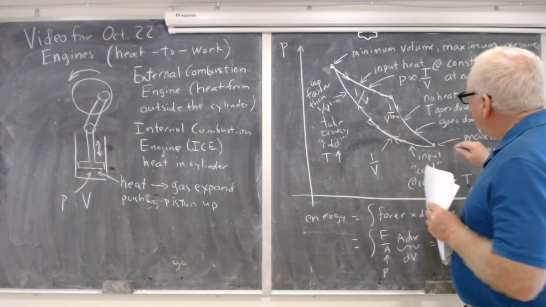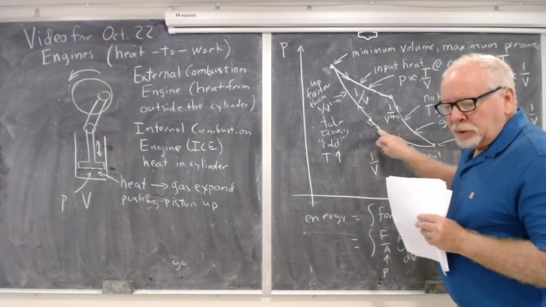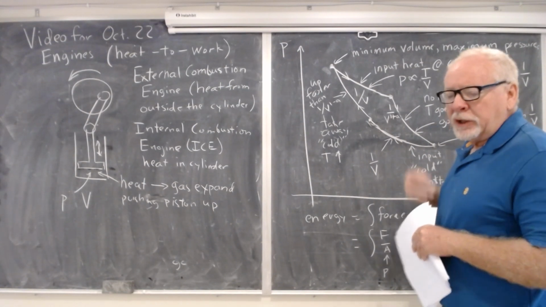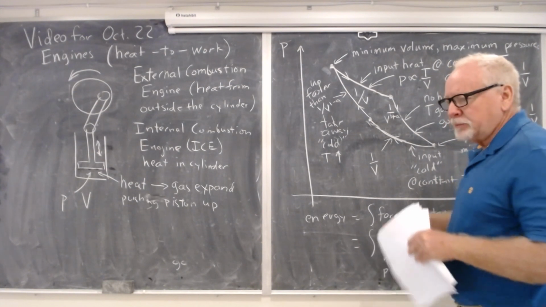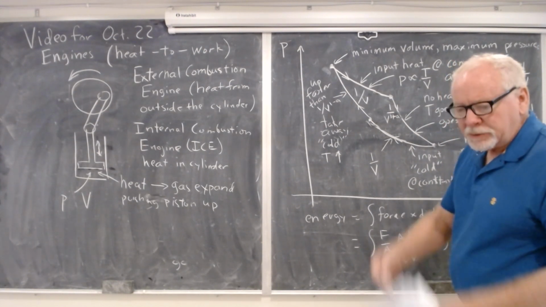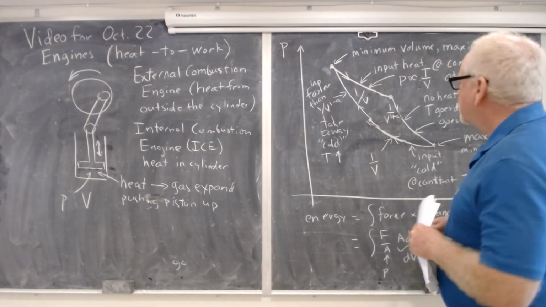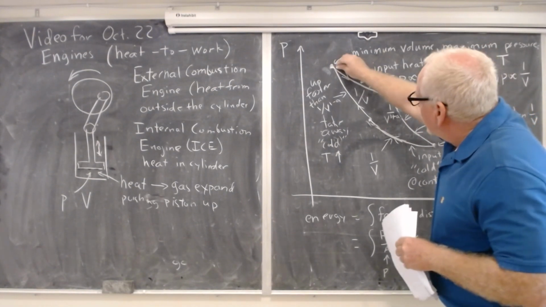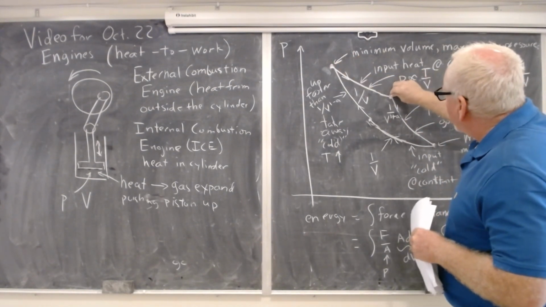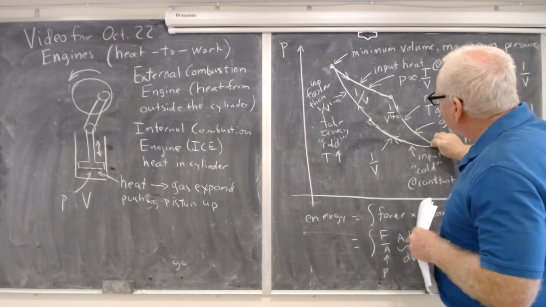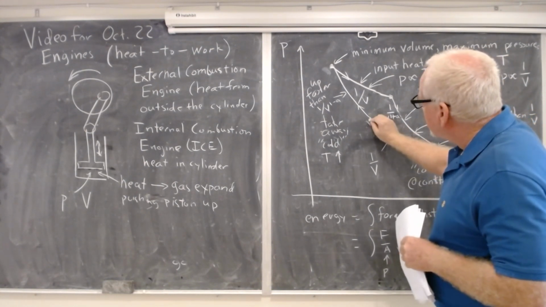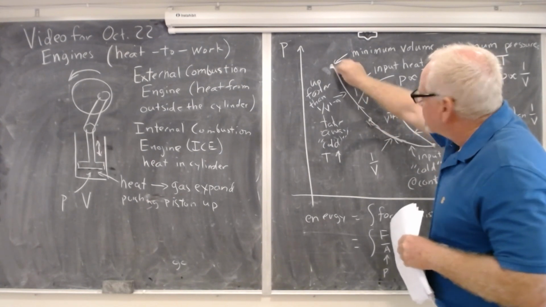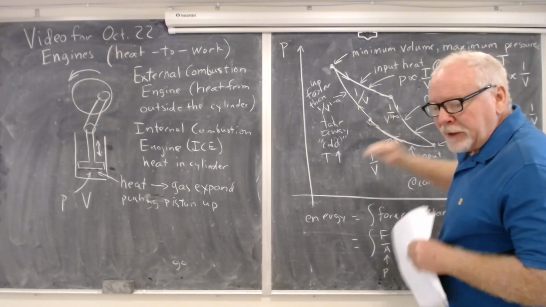Now, when the piston goes down, the work is being done in reverse. The piston is doing work on the gas. It's putting energy back into the gas, so to speak. And so the work done by the gas on the piston is the integral of that, and the work done by the piston on the gas, the negative work, is that.